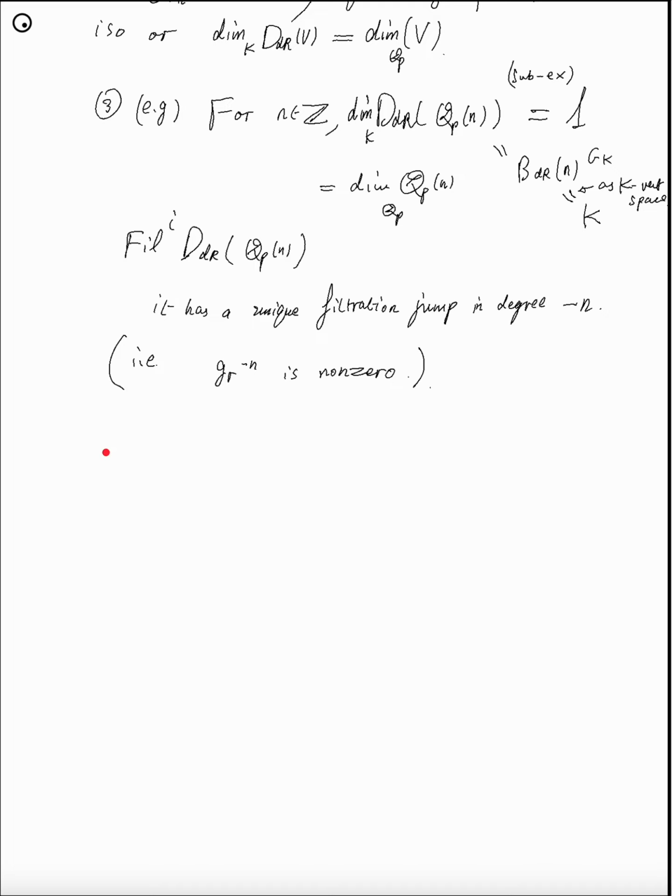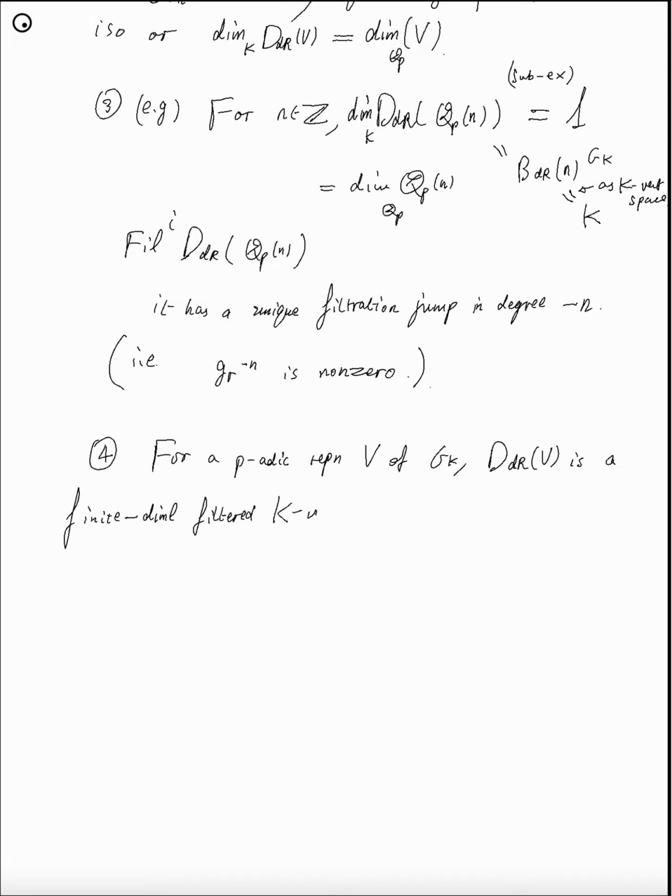Let me put this as remark 4: for a p-adic representation V of G_K, D_dR of V is a finite dimensional filtered K vector space.